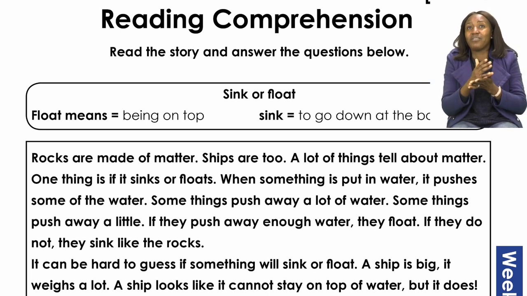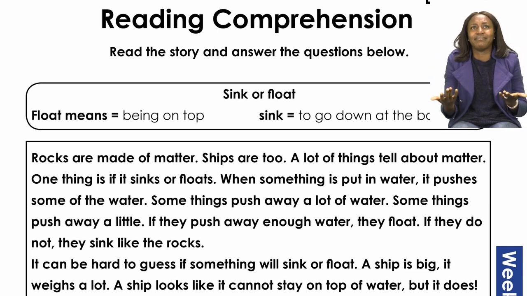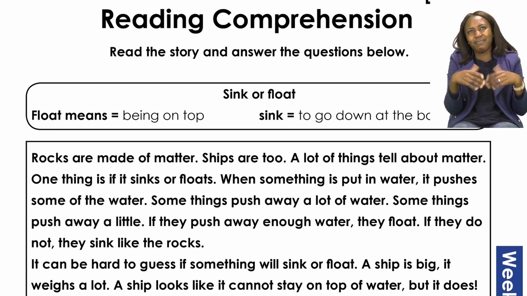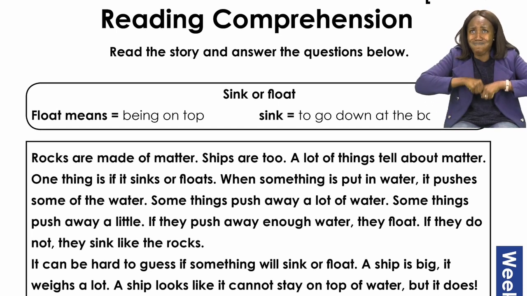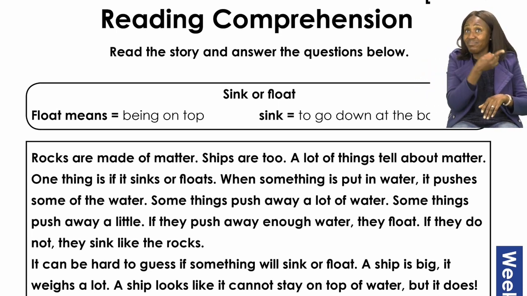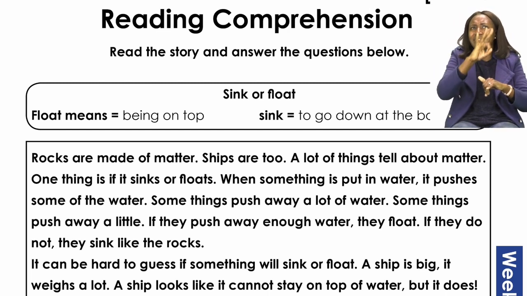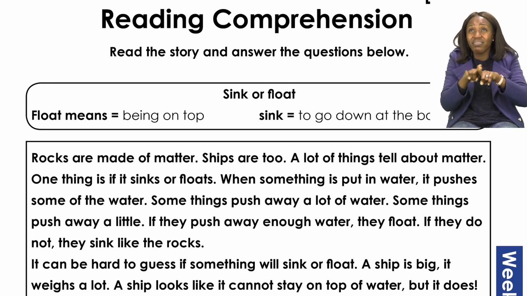Some things push away a lot of water. Some things push away a little. If they push away enough water, they float. If they do not, they sink like the rocks.